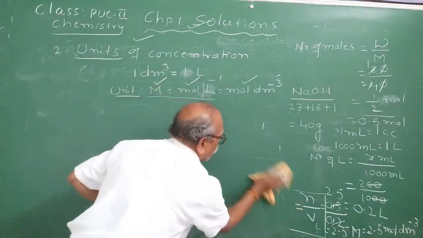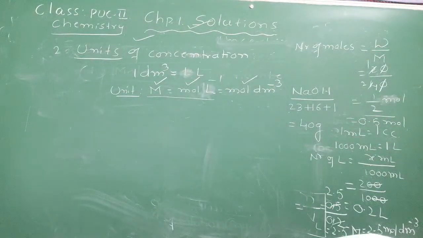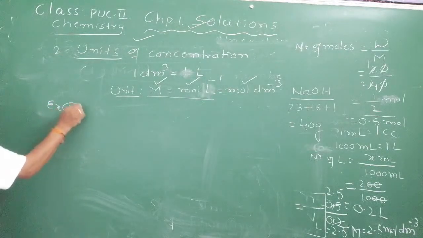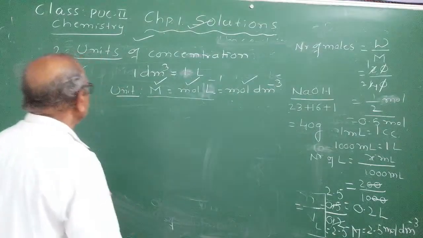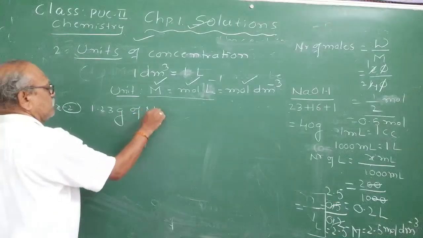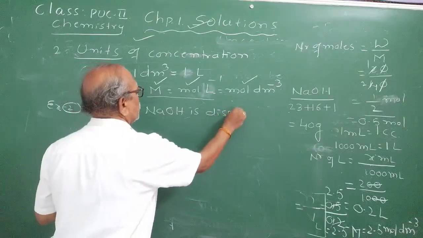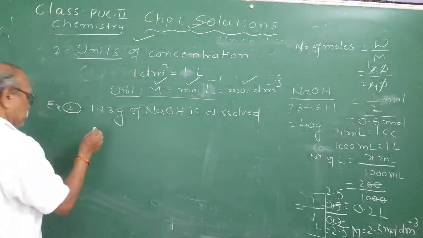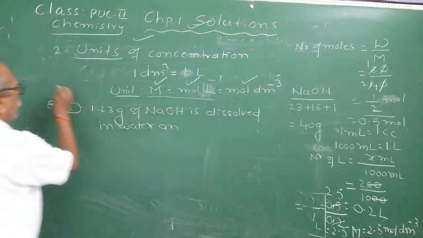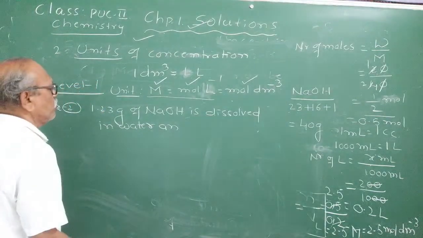You try now. Open your book. Try this problem. Take another example on calculation of molarity. Level 1 questions to start with, then we will take more complicated questions on it.